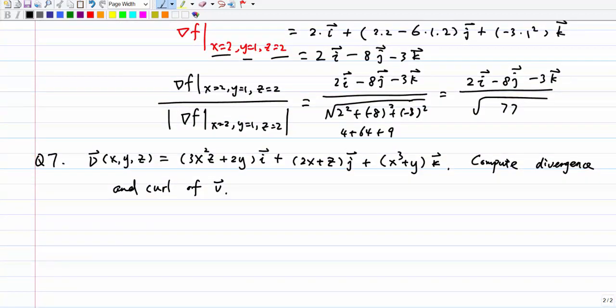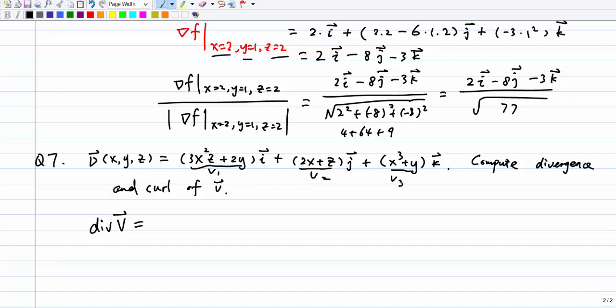The last question is to compute the divergence and curl of a vector field V given by this. First, compute the divergence of my vector field. Let's say this is V1, this is V2, this is V3, for example. Now we can compute the divergence.